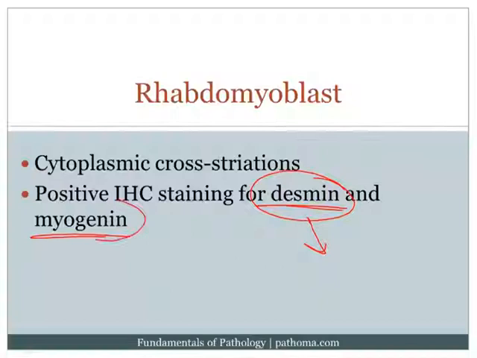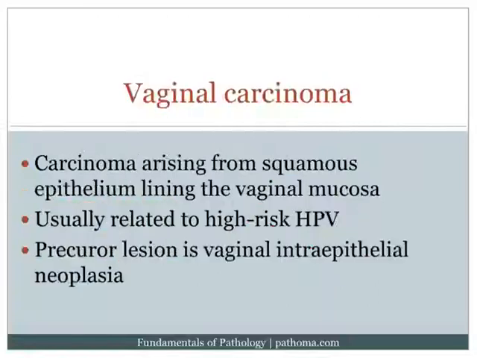And myogenin is a nuclear transcription factor that would be present in immature skeletal muscle. And so if the tumor is positive for desmin and myogenin, that would automatically tell us that we're dealing with immature skeletal muscle. And of course, because it's producing a mass or a tumor, that would indicate a rhabdomyosarcoma.